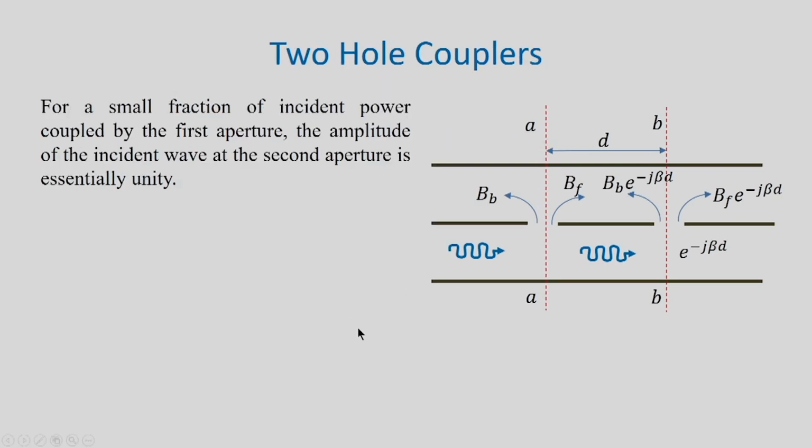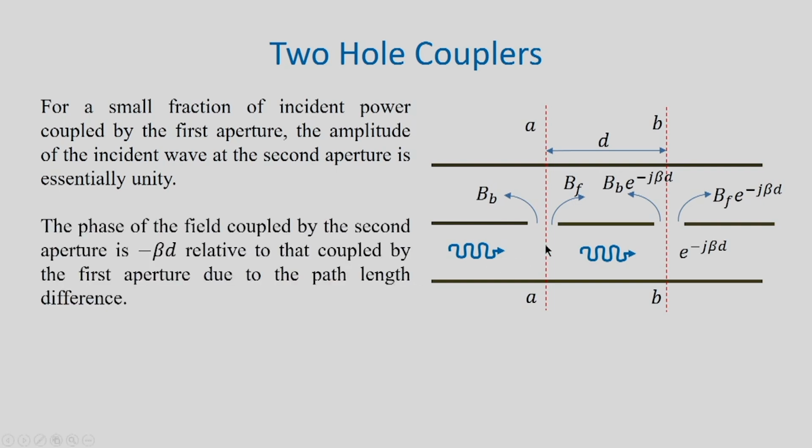So, we assume that this first aperture couples only a very small fraction of the incident power. What happens essentially is that the amplitude of the incident wave when it reaches the second aperture remains essentially unity.